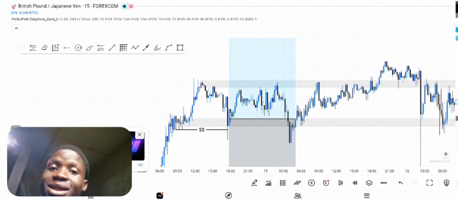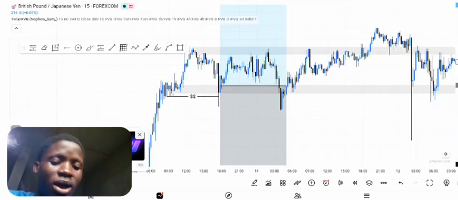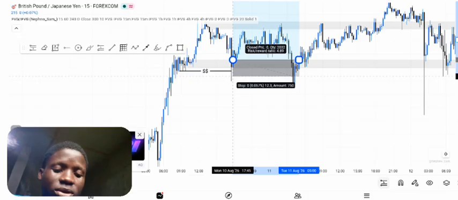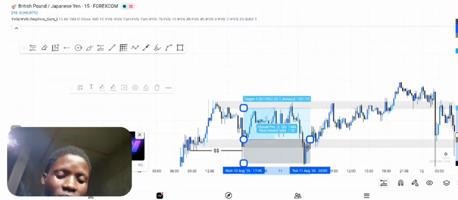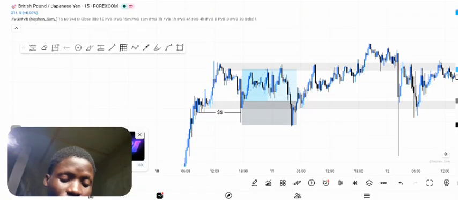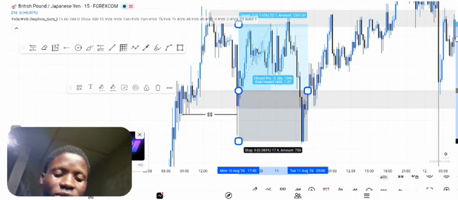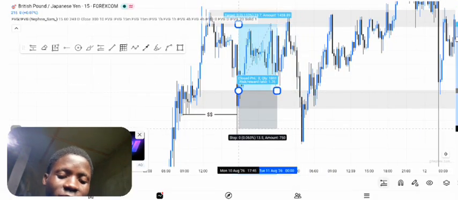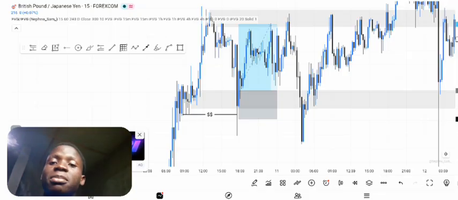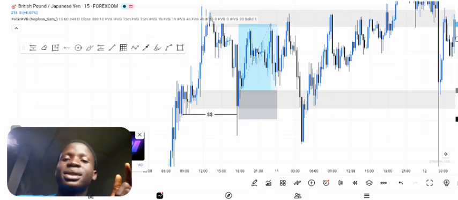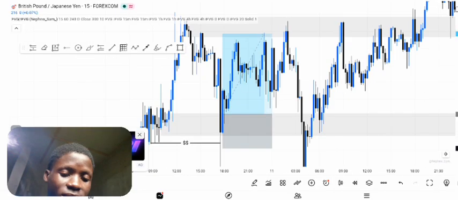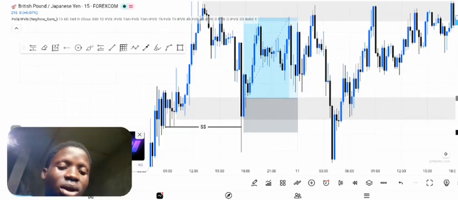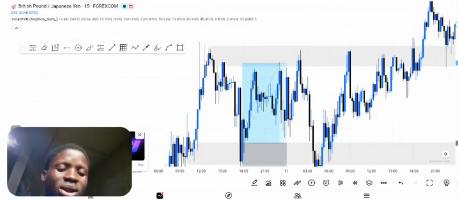This is the 15-minute time frame, GBP JPY, candlestick confirmation, and you can place your trade from here. You can go to the 5-minute time frame, but we are not using it here. This is a 15-minute liquidity entry. You can see how it works here.